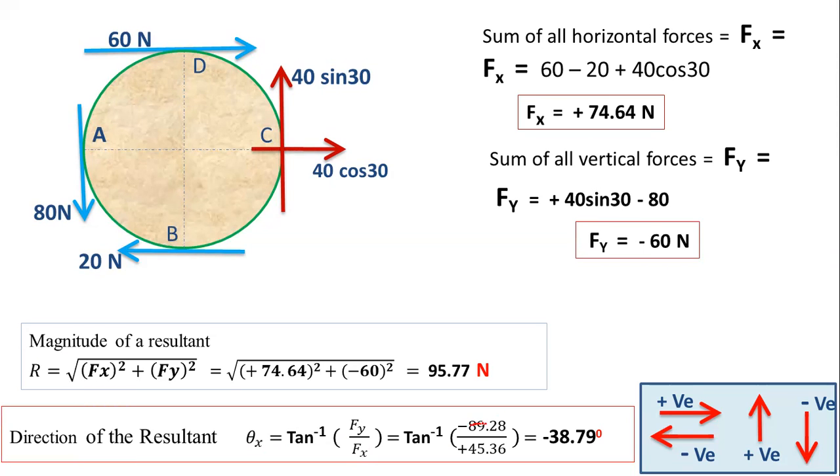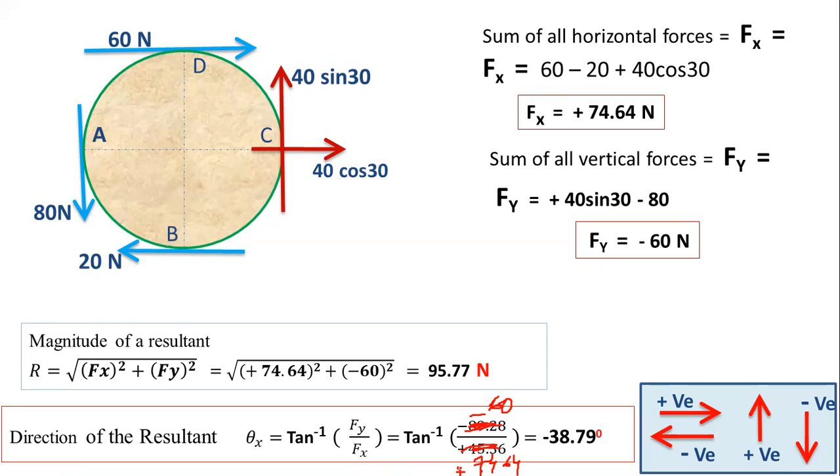Sorry friends, Fy is minus 60, and Fx is plus 74.64.